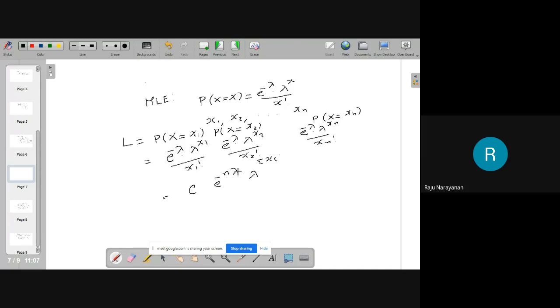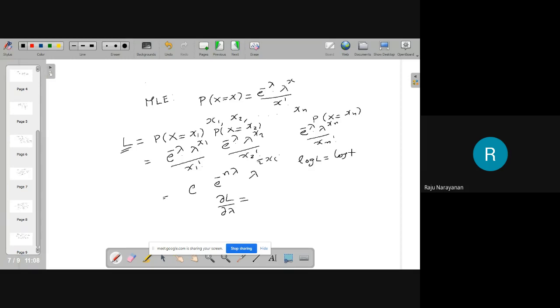And can you select any value as lambda? It is not advisable. We have to select that value of lambda for which this likelihood function is a maximum. Use the method of calculus, that is, dL by d lambda should be equal to 0. It is better to work with logarithms because they are one-one functions.